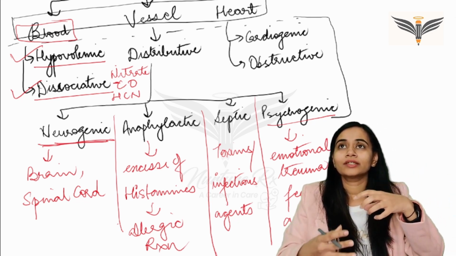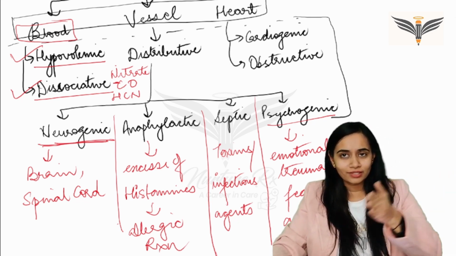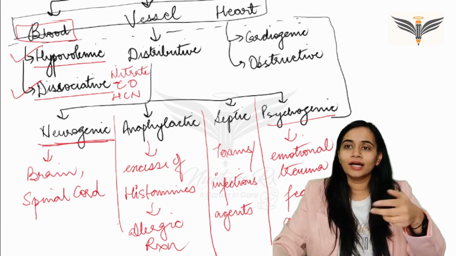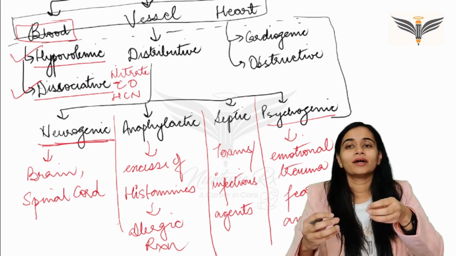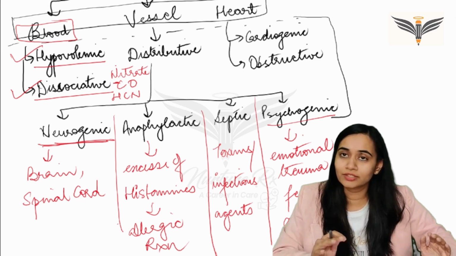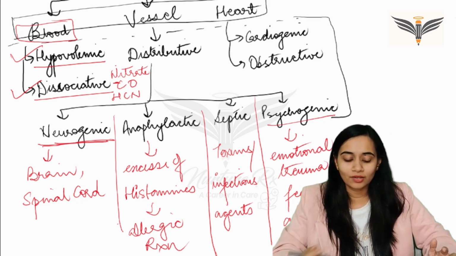What does it cause? It causes temporary loss of circulation. It is temporary loss. Once the fear subsides, once the anxiety subsides, your circulation is regained. But at that temporary point of time, there will be a state of shock. So now you know the distributive shocks are of four types, and we have seen what the causes are.